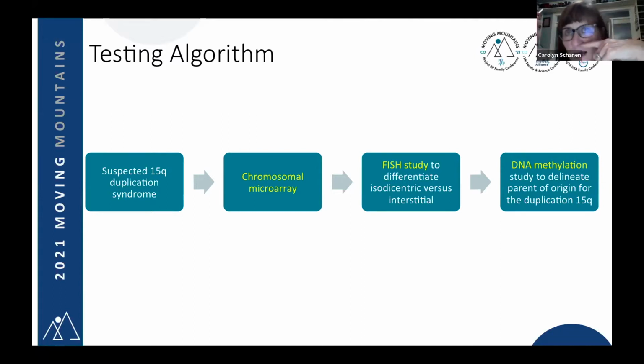He had cleft palate. He had abnormal fingers. They're things that we just don't see in this syndrome. Do additional testing. Having Dup15 does not preclude you from having something else.